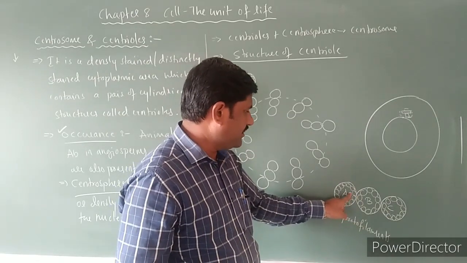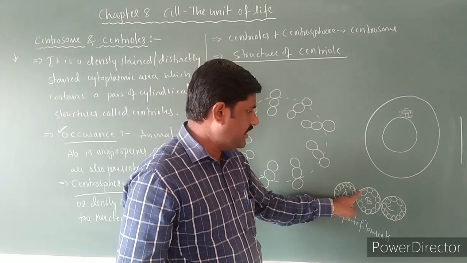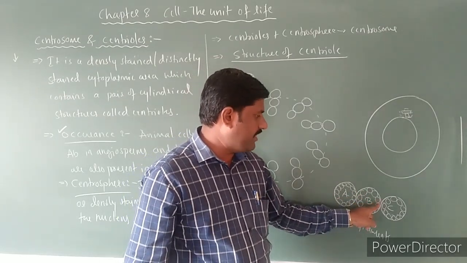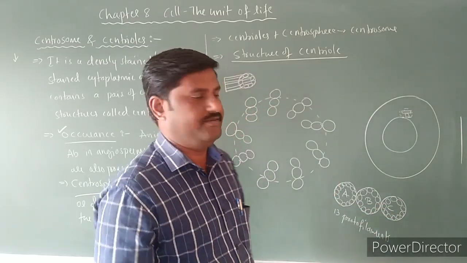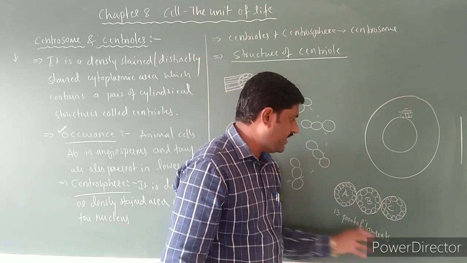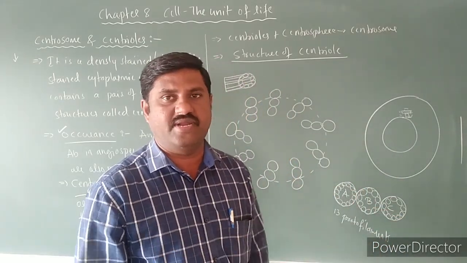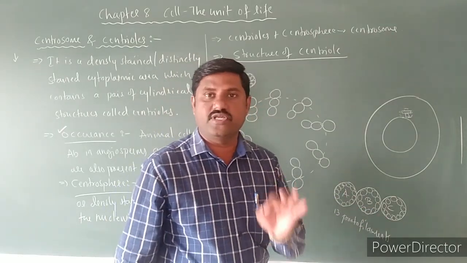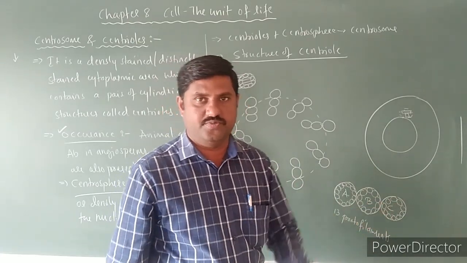The ones adjacent to B, they are sharing with B, and from B, C is sharing with C. Like this, 3 triplets are arranged over here. They are made up of protofilaments, and these are all made up of the protein called tubulin. That is why these are called microtubules.